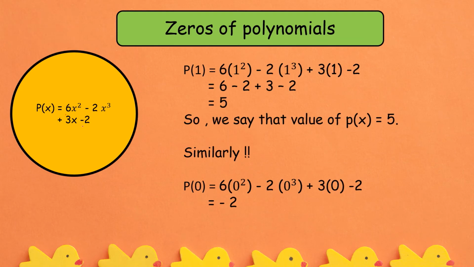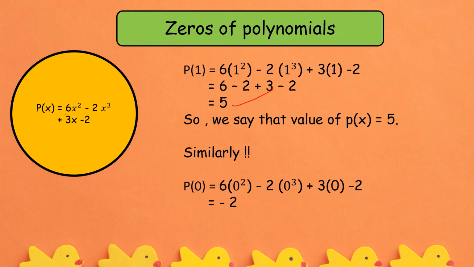Zero of a polynomial means substituting a value in place of x. For example, if I consider p of 1, that is, substituting 1 in place of x, and solve the expression, you get the answer 5.